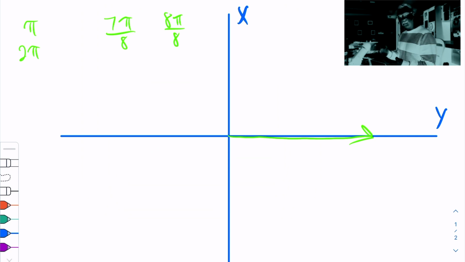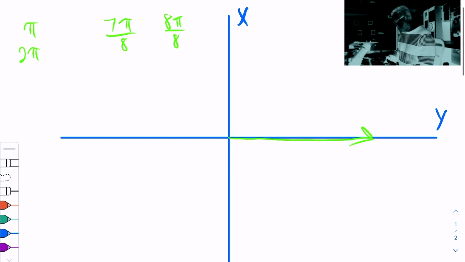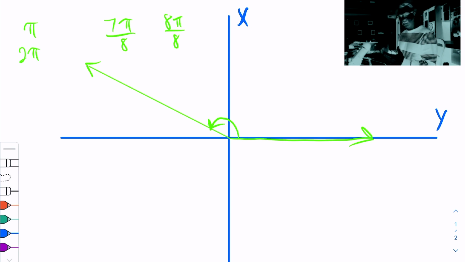Then 7 pi over 8 is just pi over 8 before that half rotation. Something like this. That's 7 pi over 8. If 7 pi over 8 is pi over 8 away from the x-axis, then we also get our reference angle. So our reference angle is pi over 8.